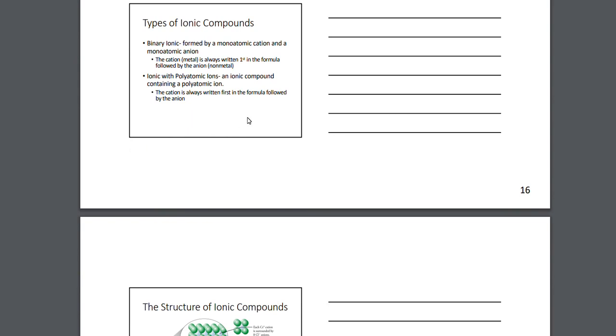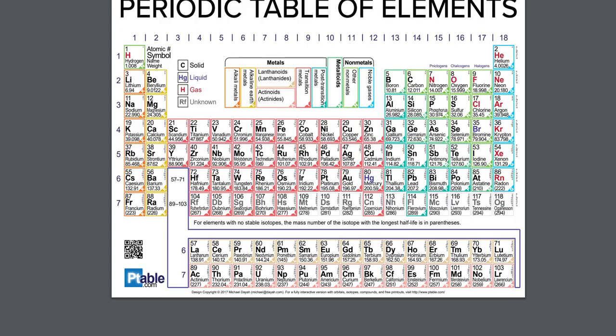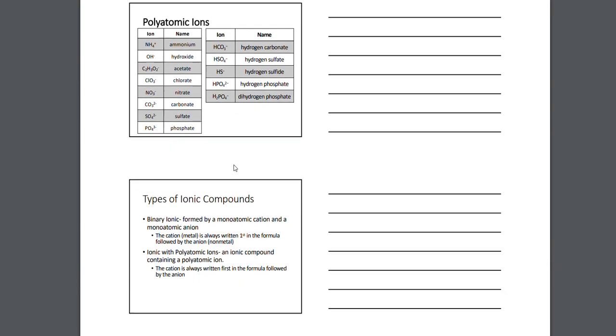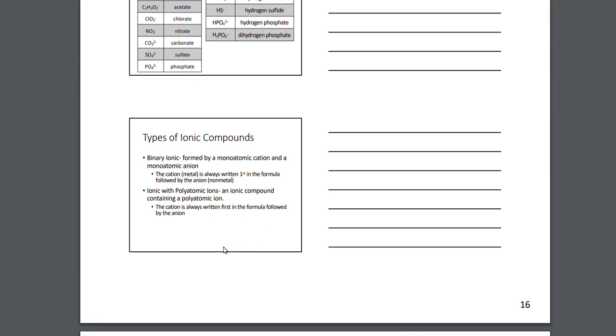Okay, so let's go back to ionic with polyatomic ions. When we're talking about ionic compounds with polyatomic anions, that means group 1, for example, or group 2 interacting with the polyatomic anions from this chart right here. How do we write this?